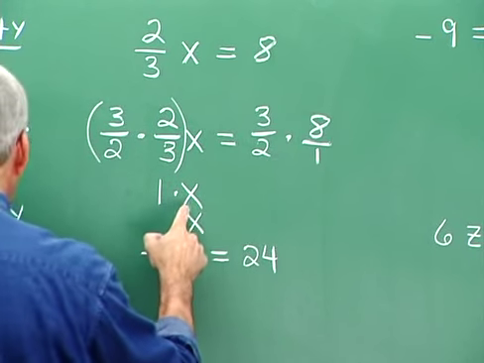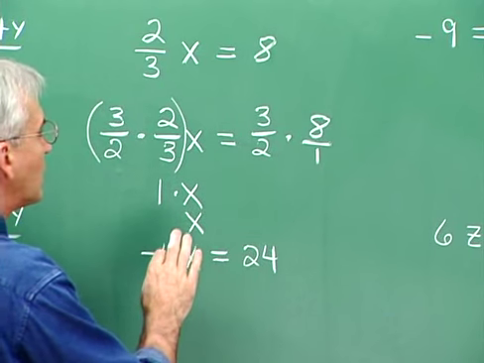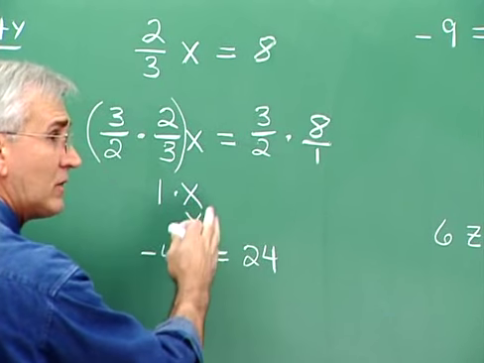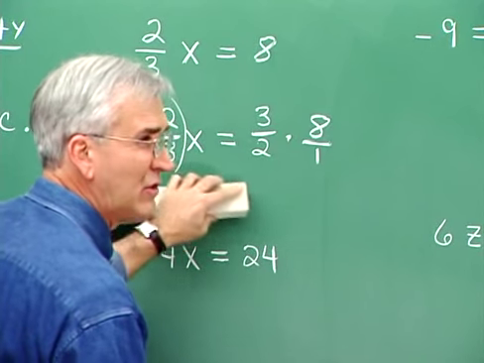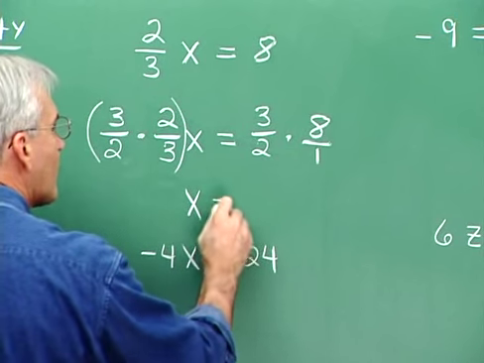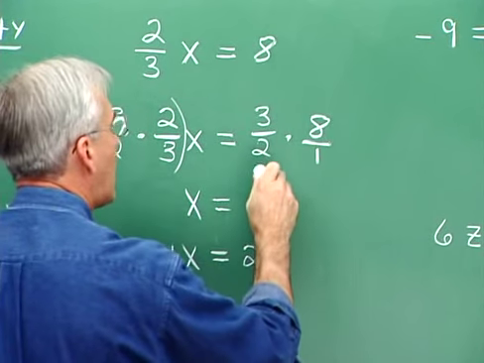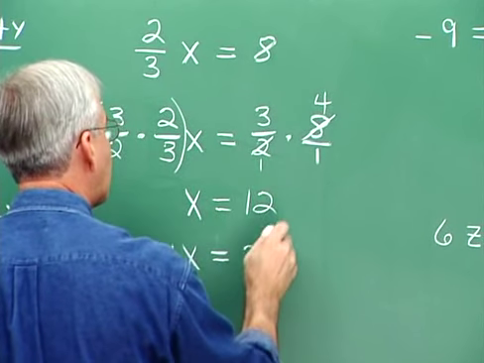We generally won't write this, but I think it's important to realize that there is some basis for performing this kind of operation. We would probably just say this is 1x, and generally coefficients of 1 are not written, so we would have x. And on the right, we would just perform the operation. 2 into 2, 1, 2 and 8, 4. 3 times 4, 12. So x equals 12.